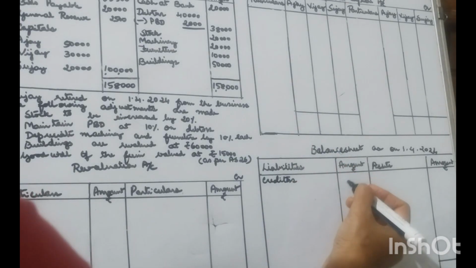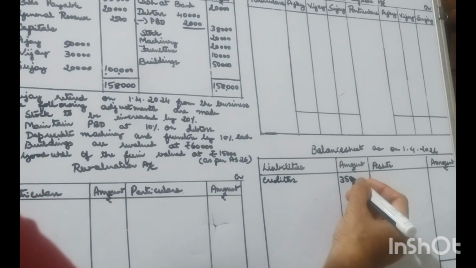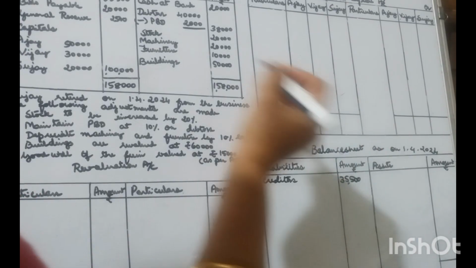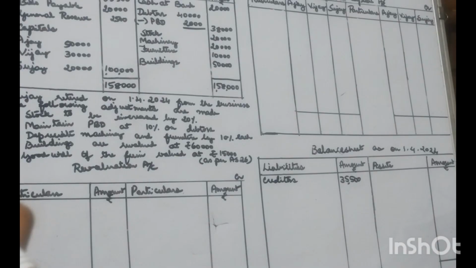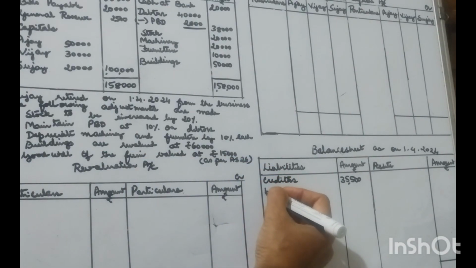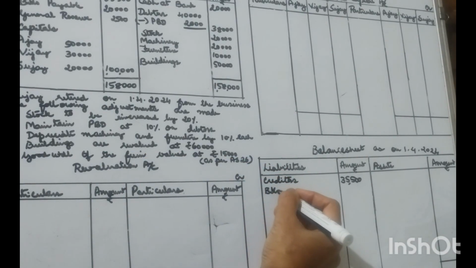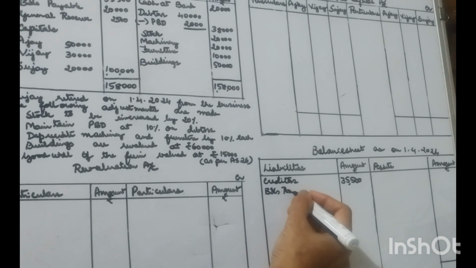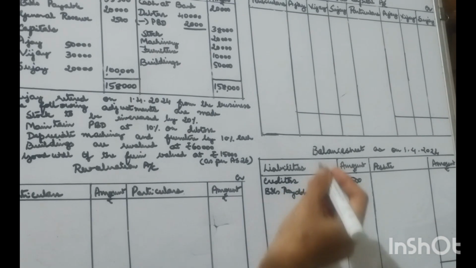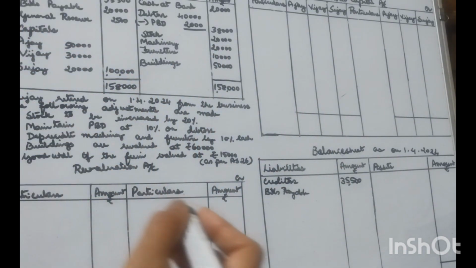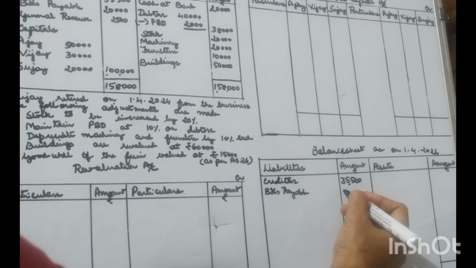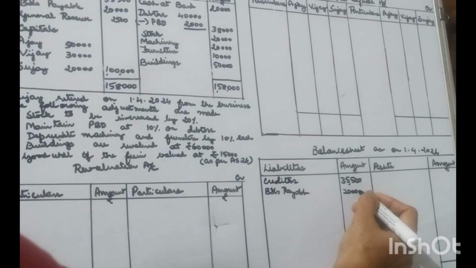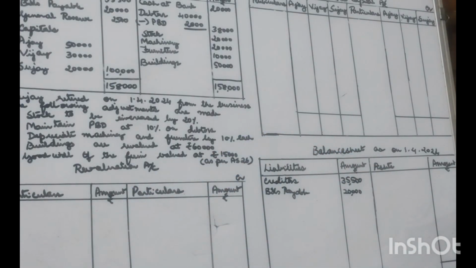That is the first entry, 35,500. Bills payable, as usual, is one of the liabilities of the firm that must be disclosed under the liability side of the balance sheet without any changes.